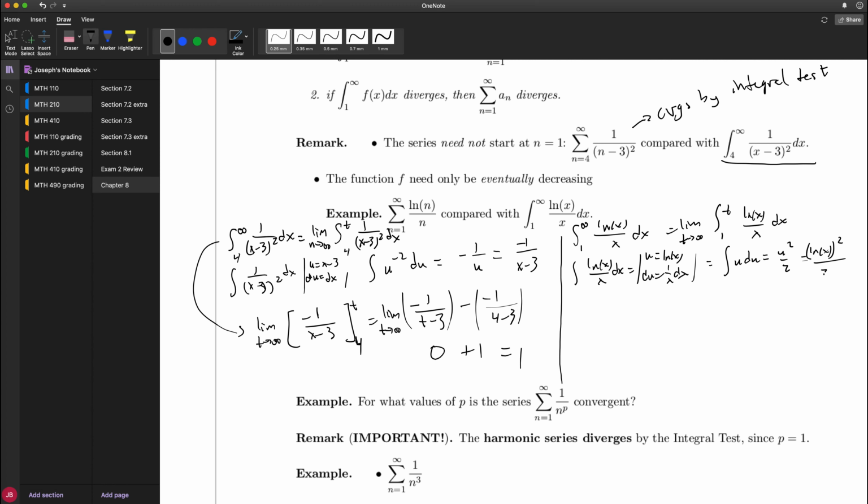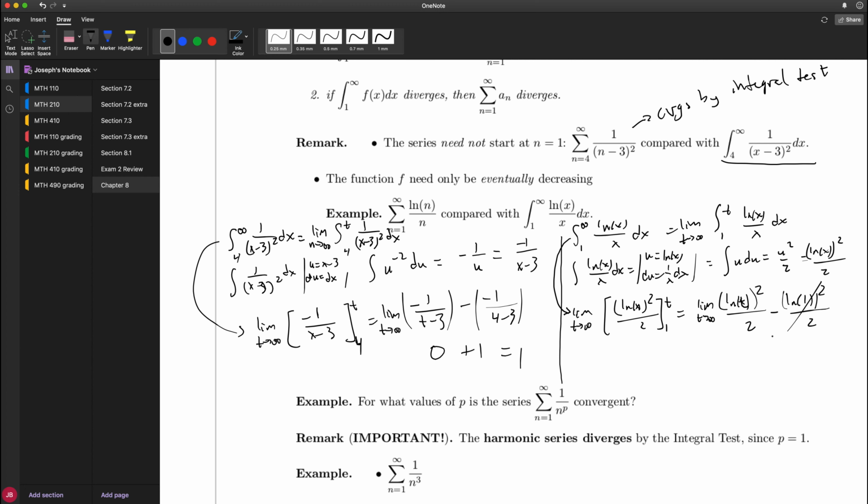And so this improper integral is just the limit as t goes to infinity of ln x squared over 2 from 1 to t. And so this is the limit as t goes to infinity of ln t squared over 2 minus ln of 1 squared over 2. ln of 1 is 0, so that's gone.